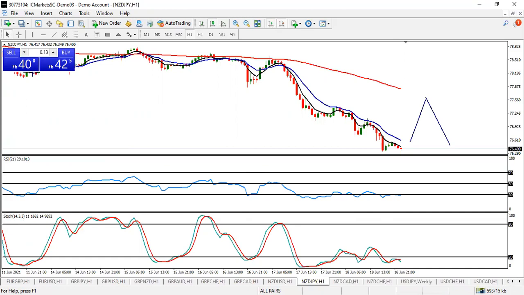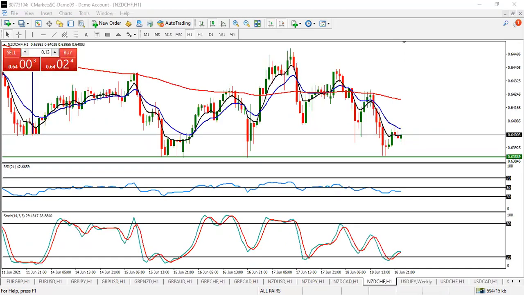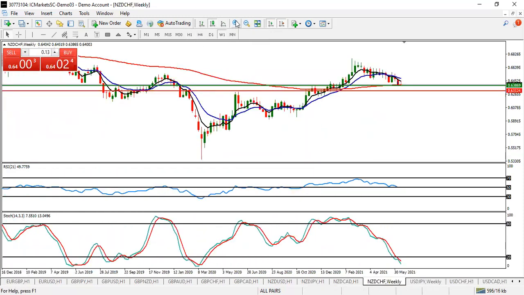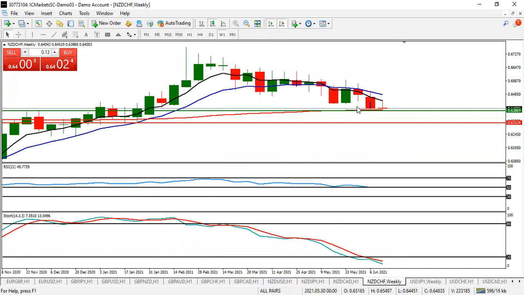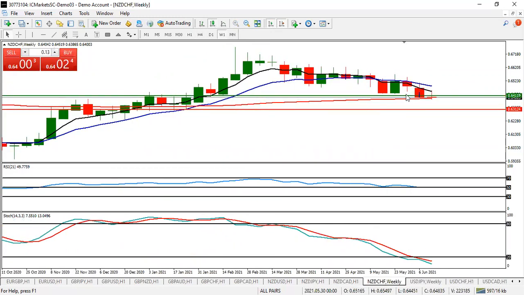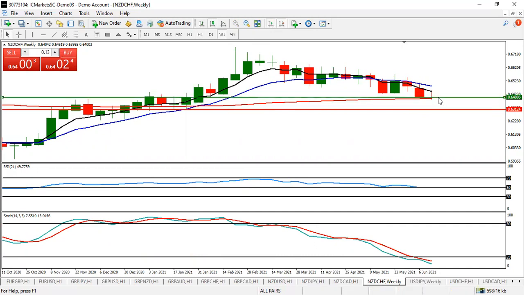Next thing I'm going to talk about is NZD Swiss franc. NZD Swiss franc is currently ranging on the entry time frame, but right now it is still sell bias. On the weekly candle, we see some rejection. The weekly candle closed in red, but we can see some rejection from the upside to the downside of the candle, and right now it is sitting at a support.